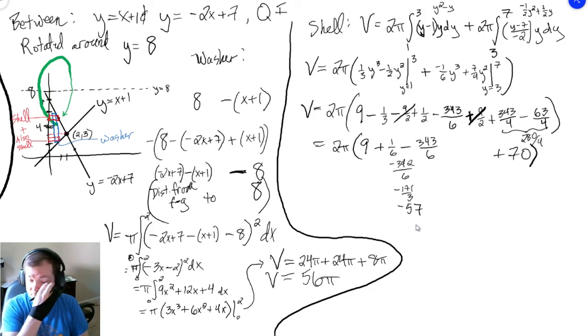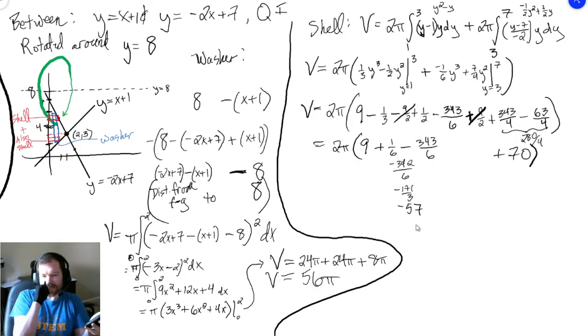Cool. Minus 63 is 280 divided by 4 is going to be 70. Yep. So 79 minus 57 is going to be 22. Huh. Double's going to be 44.